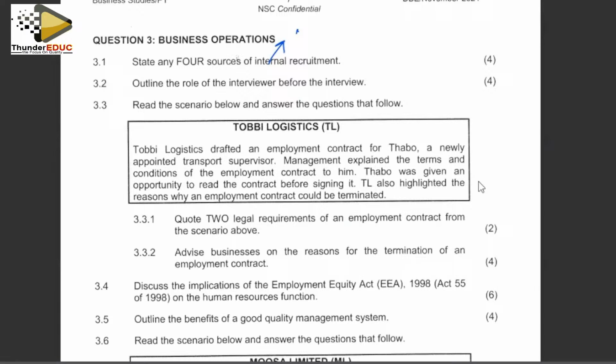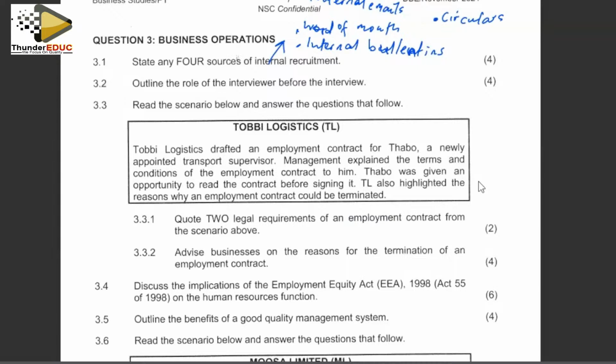We have word of mouth, we also have internal bulletins, we have circulars, and then we also have internal emails. Okay, so these are the 4 sources of internal recruitment.